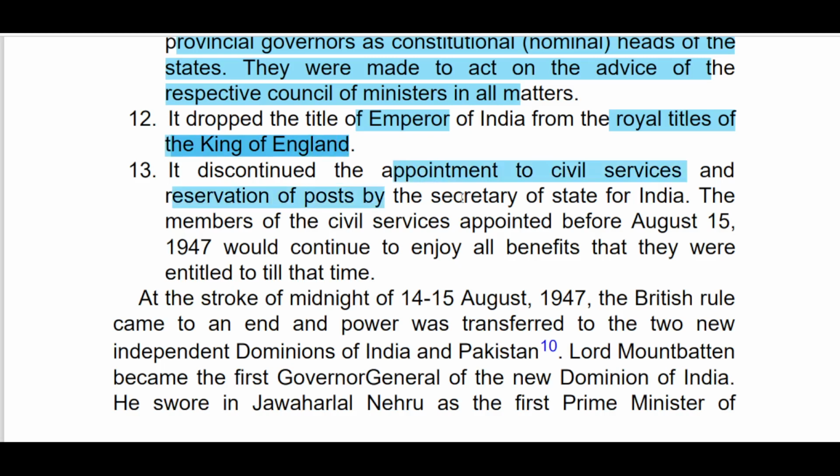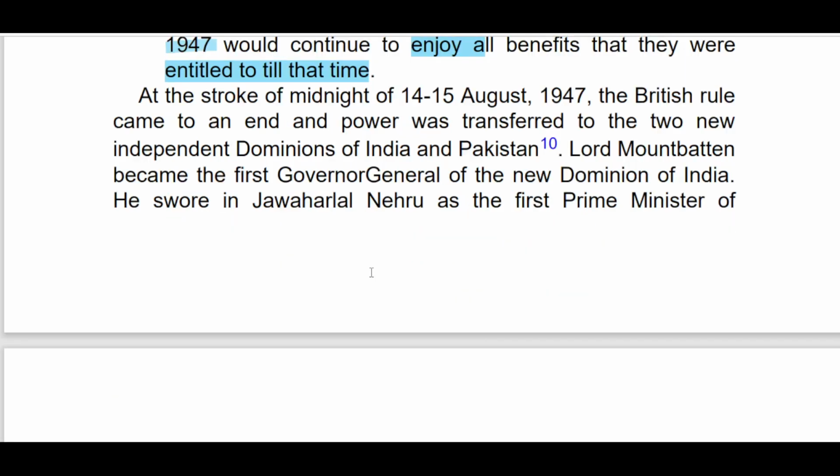It discontinued the appointment to civil services and reservation of posts by the Secretary of State for India. The members of the civil services appointed before August 15, 1947 would continue to enjoy all benefits that they were entitled to till that time.